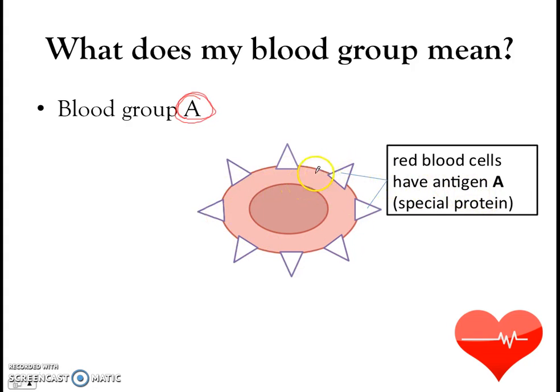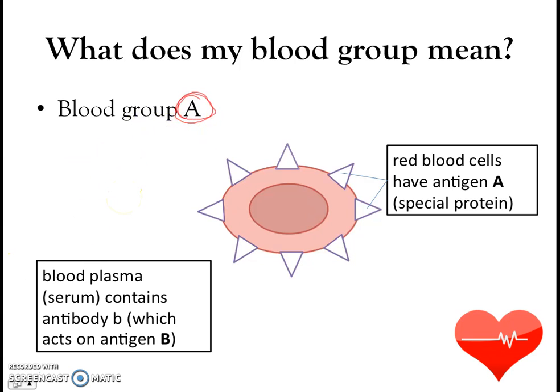That means on the cell membrane of your red blood cells, they have antigen A. And inside your blood plasma, or the serum, or the liquid part of your blood, there is antibody small b. Okay, so antibody small b detects antigen big B, which is not present in the blood cells of a blood group A person. Okay, let's move on. You'll get clearer with more examples.